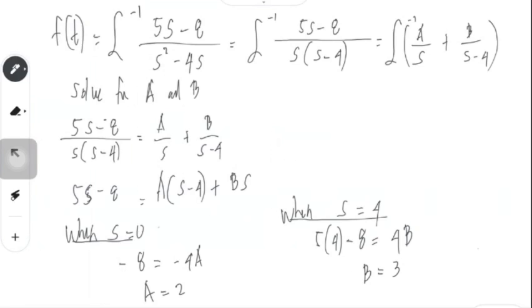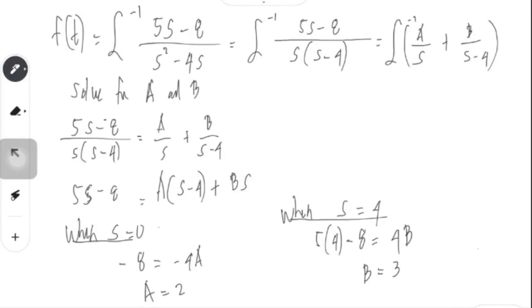Pwede natin paghiwalayan yung denominator. And if we're going to inspect the denominator, it is in the standard form of 1 over s and 1 over s minus a. So the only problem are the values of a and b.